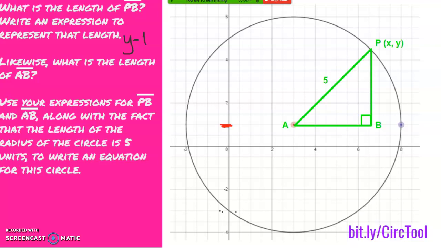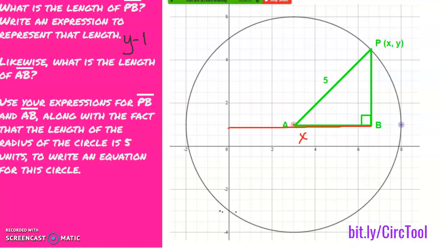Let's start with this line right here, the whole thing. How long is that? Well, that's x.